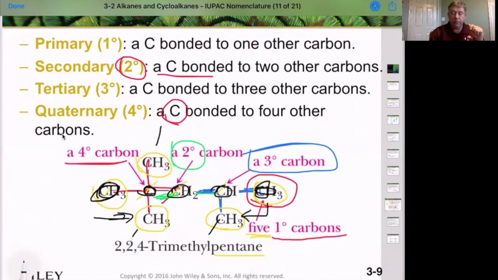However, we have 2 substituents here. And so we want to put the 2's on this side, so it gives us the lowest total number. If we numbered it from this side, it'd be 2, 4, 4. If we number it from this side, it'd be 2, 2, 4. We have 3 methyl groups, so we have 2,2,4-trimethyl pentane.